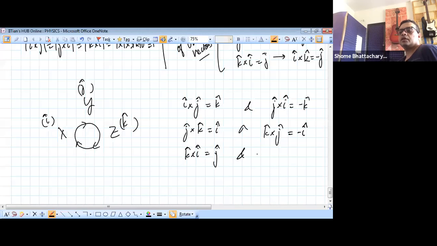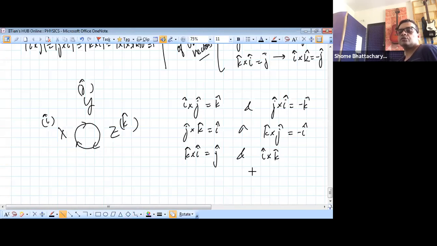And similarly, if you do I cross K, you are going like this from I towards K. So again, you are going anti-clockwise, so you get a minus sign.